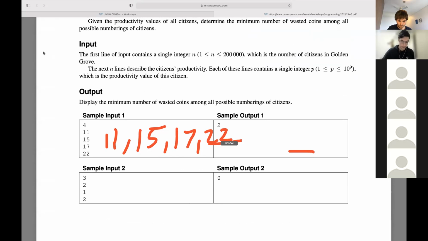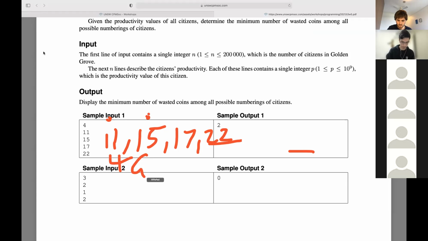So the quality of the permutation is measured in this weird way: you take each adjacent pair, and if the second one is bigger than the first one, then you add the difference in gold coins. And if it's smaller, you add the difference in silver coins. So in this case, since this one's bigger, you add 4 gold coins.